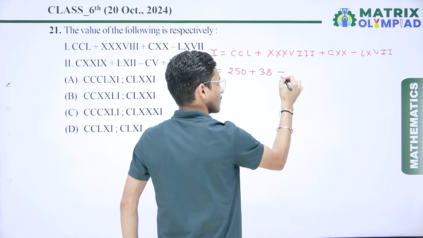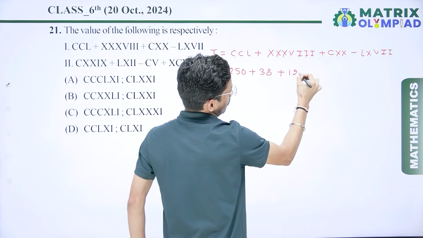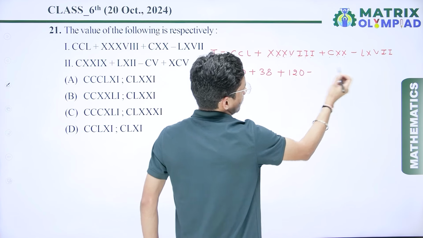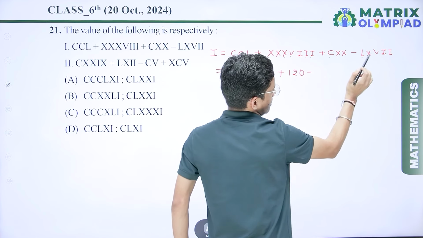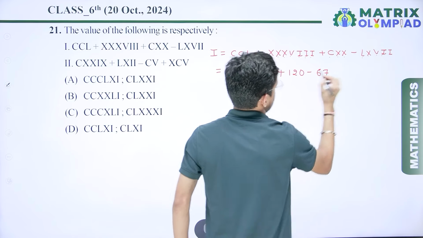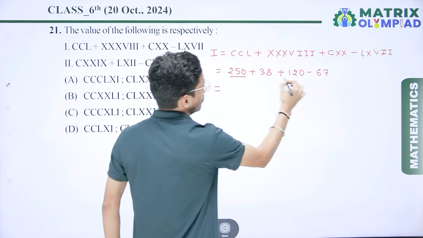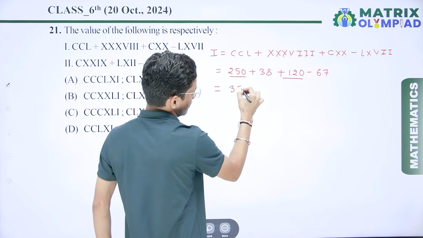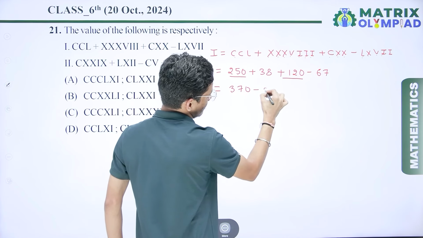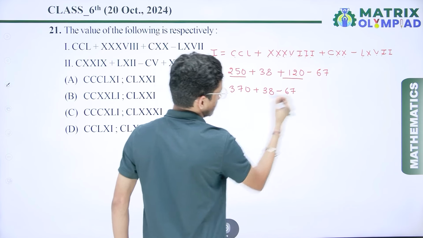Again plus C means 100, 110 and 120 minus L means 50, 60, 65, 66 and 67. So if you add this one, 250 plus 120, that is 370, plus 38 minus 67.